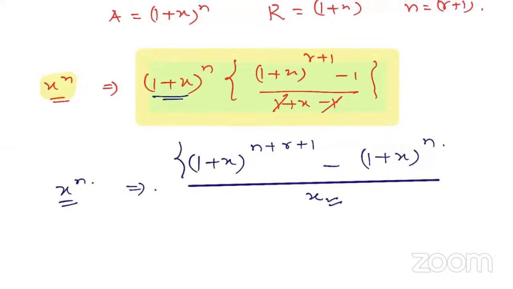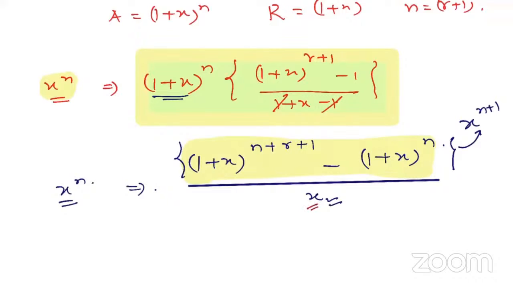So the term x to the power n will come from this when we are getting the term of x to the power n plus 1 from this. If we get x to the power n plus 1 from the complete numerator, then only we can say that will be the coefficient of x to the power n, because one x will be cancelling out.